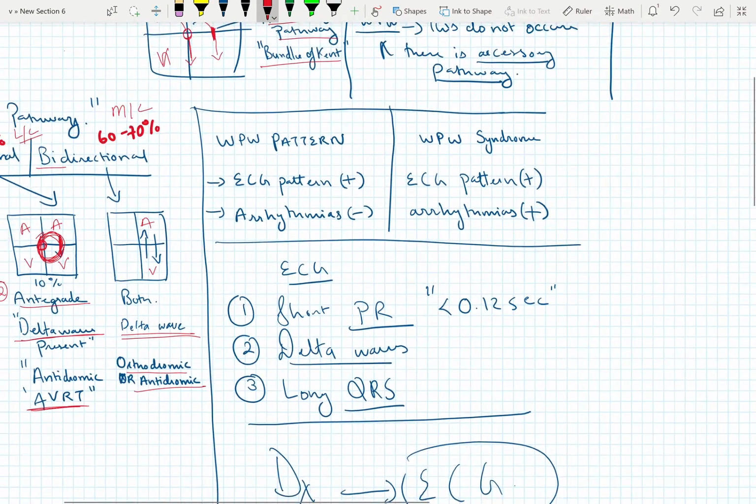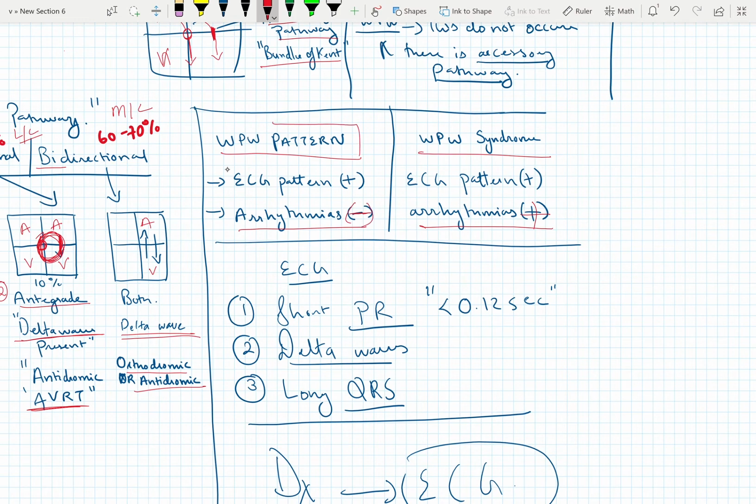How do we differentiate between the WPW pattern and WPW syndrome? It depends on whether arrhythmias are present or absent. If the patient has no history of arrhythmia, it is known as a WPW pattern. Just imagine a patient comes to you without any history of arrhythmias, syncope, or chest pain, and has an ECG pattern of WPW; then you can say that patient has a WPW pattern.